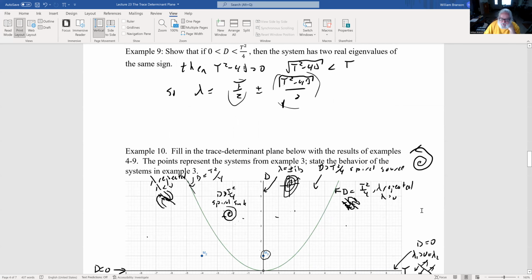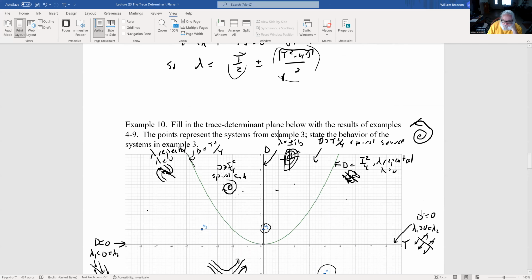So if we have positive t's here, d less than t squared over 4, you have two distinct eigenvalues, lambda 1 and lambda 2, both positive. And so our solution curves look something like that.